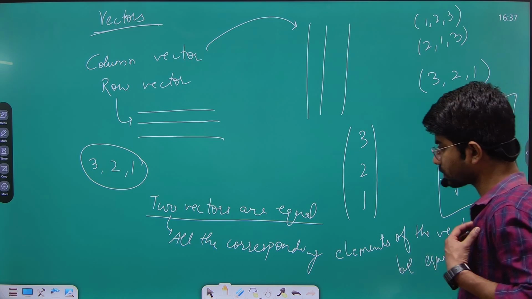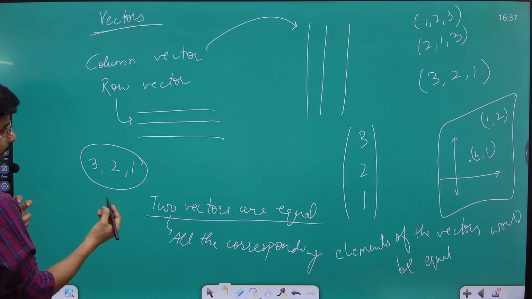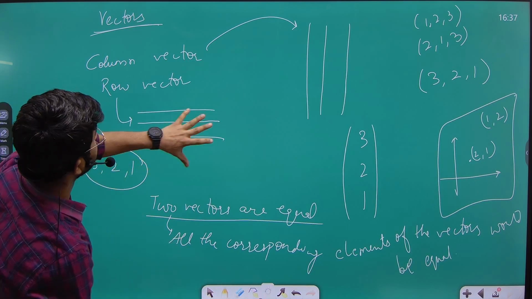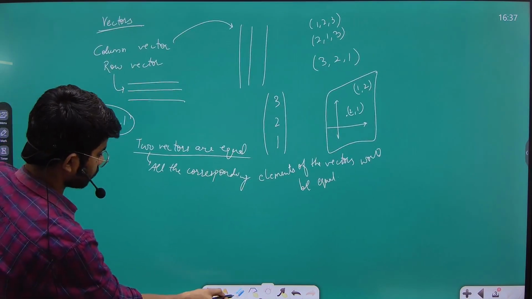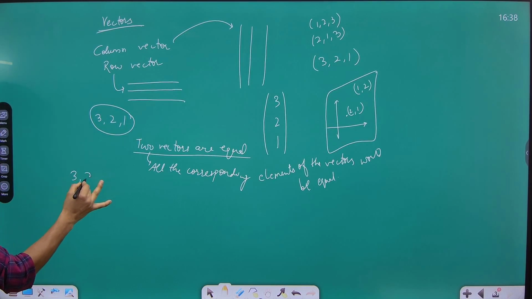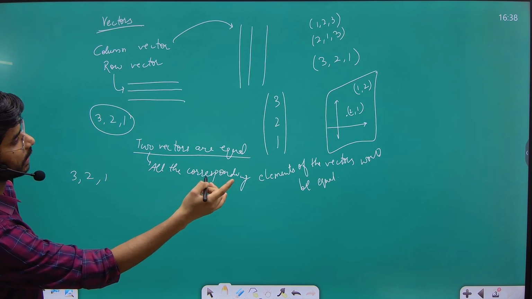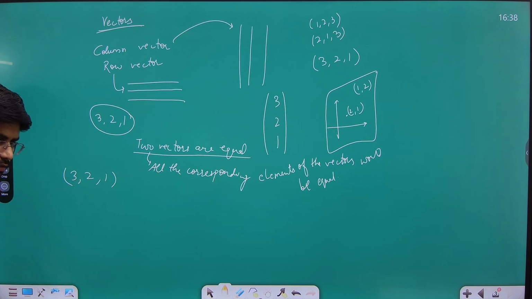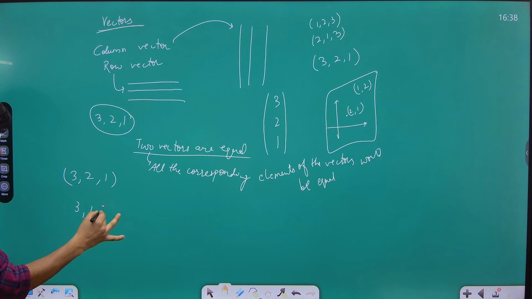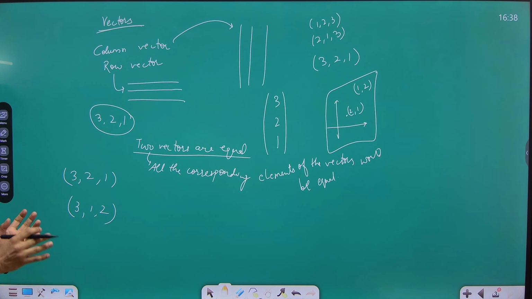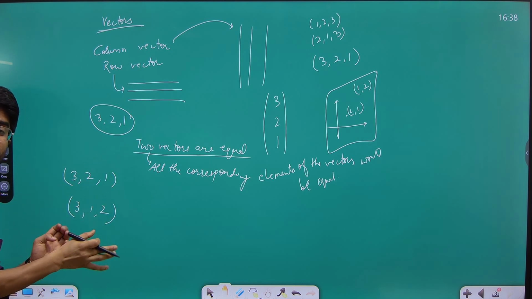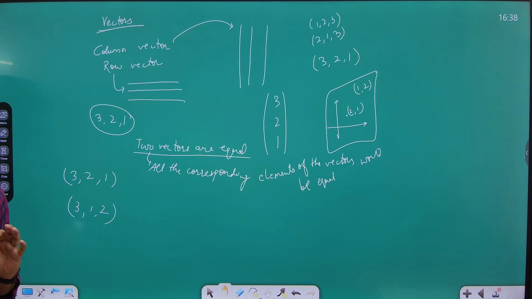So suppose I say a vector, say (3, 2, 1), this is one vector represented as a row vector, and another vector is (3, 1, 2). Although in these two vectors the three elements comprise of only 1, 2, 3, okay, but the orders are different.